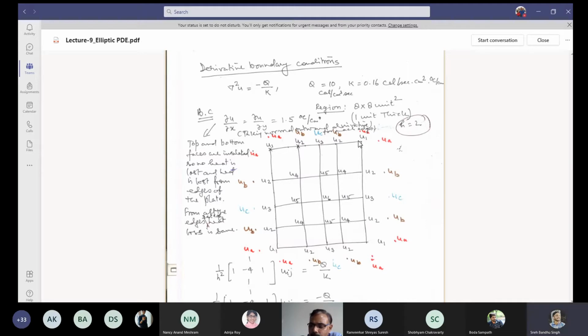Do you remember this thing which we have done for the ODE? How do we eliminate this? We eliminate it using y prime 0 equal to a. This will be y naught prime equal to a. The discretization for y naught prime is y1 minus y minus 1 divided by 2h, equal to a.